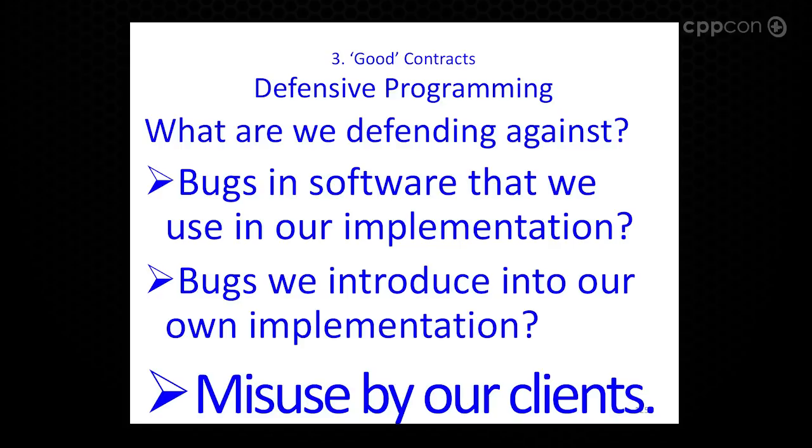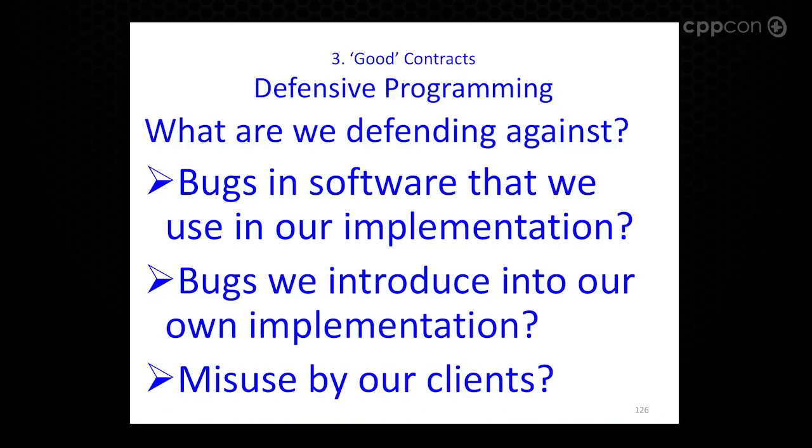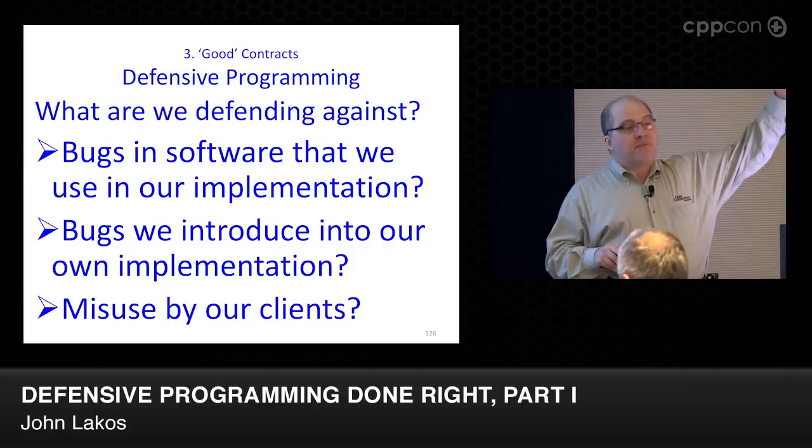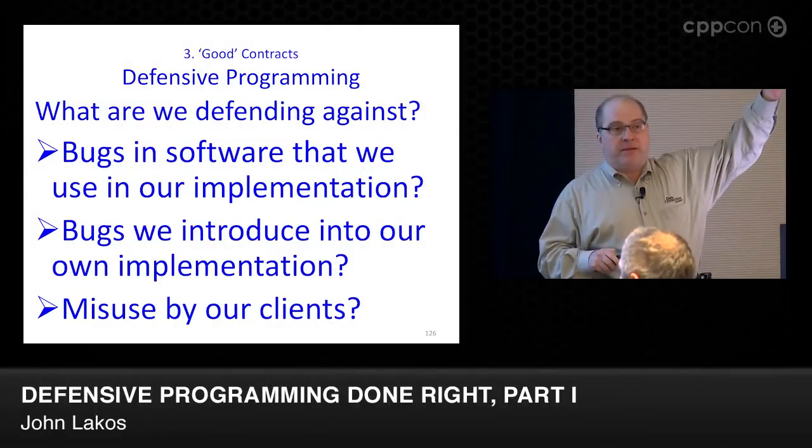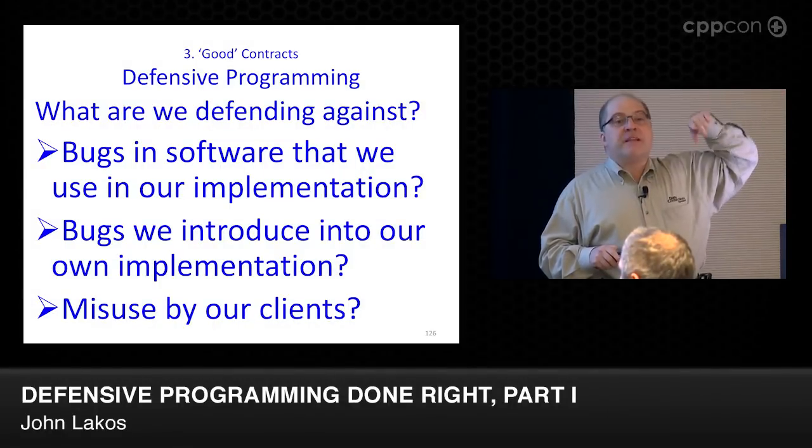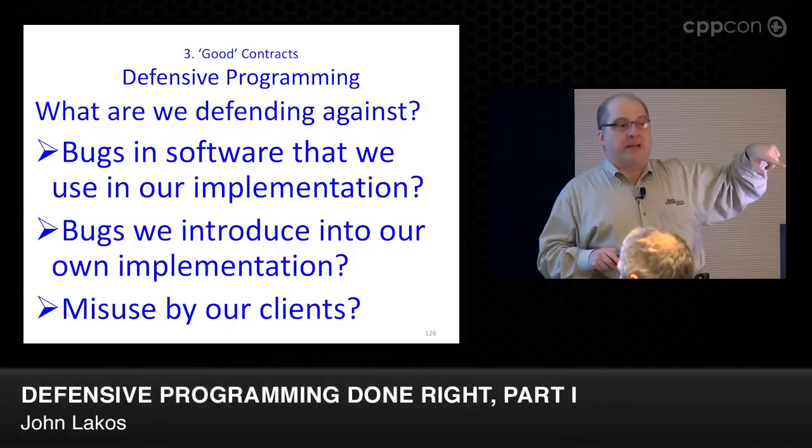Or is it misuse by our clients? What do you think? Before you answer, one of these is definitely not defensive programming. Which one is definitely not? Who thinks the first one is definitely not defensive programming? Okay, who thinks that number two is definitely not defensive programming?